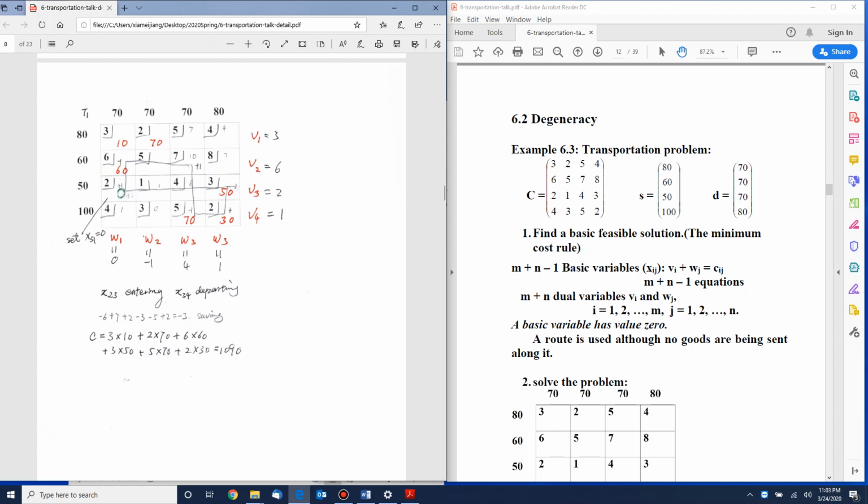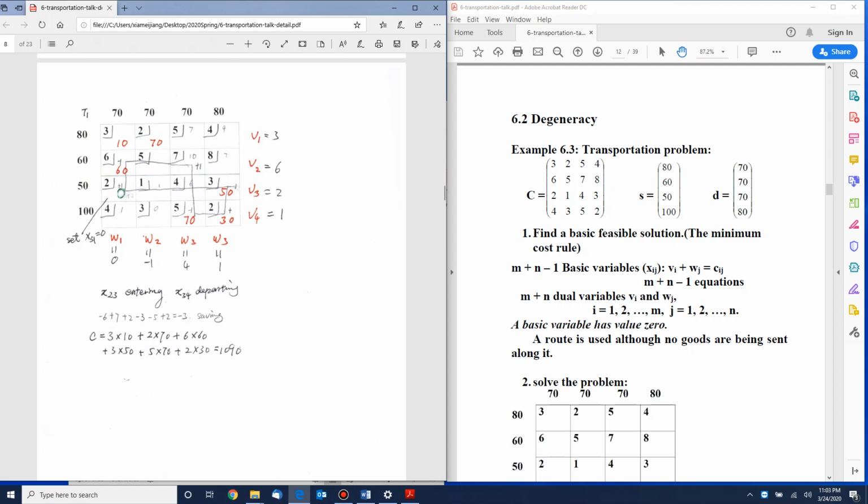And note here that we finished it, but you could see how many basic variables: x11, x12, x21, x34, x43, x44. Totally 6 basic variables. And we notice that m equals 4, we have 4 rows, and n equals 4 as well.